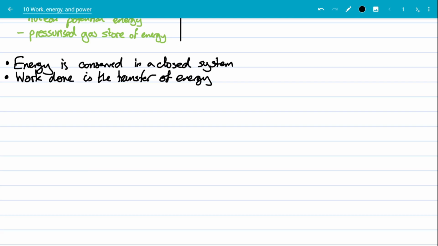Now, whether the work is done on an object or by an object determines whether the energy is going into the object or out of the object. If work is done by an object, then it loses energy from one of its stores. Usually it's kinetic energy store. If work is done on an object, then energy goes into a store. Usually it's kinetic energy store. Now, I don't think it's helpful in A-level to get bogged down on the work done by or work done on question.